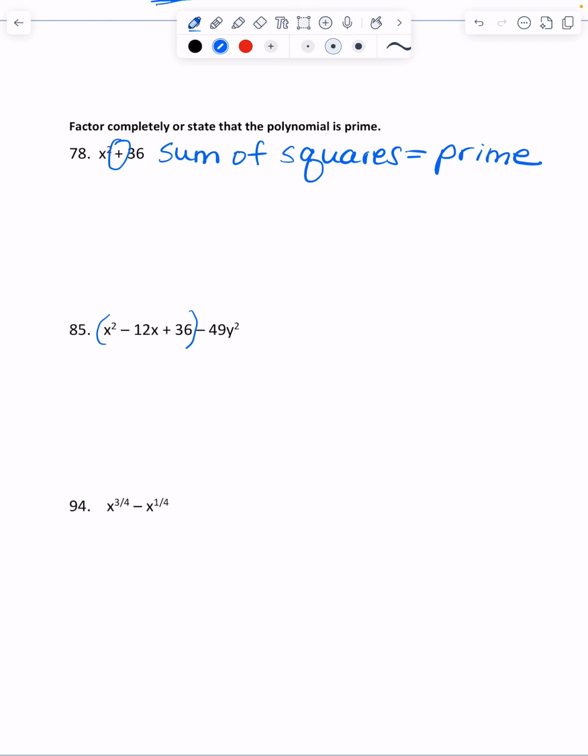I know that because the more I practice with these trinomials, and I know that I'm factoring it in such a way that my third term is positive, so I look to the left, it's negative, negative. X squared breaks down into x times x. What numbers do I multiply together to get 36, but add together to get 12?